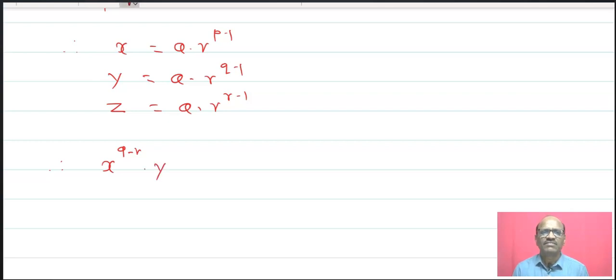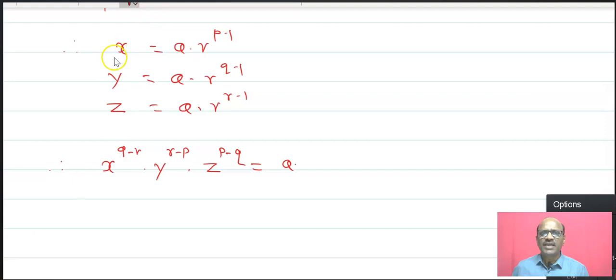Now first is x raised to q minus r into y raised to r minus p into z raised to p minus q. Here we have x is equal to a into r raised to p minus 1, then whole bracket raised to q minus r. And in this way we will substitute the value of y also and the value of z also.